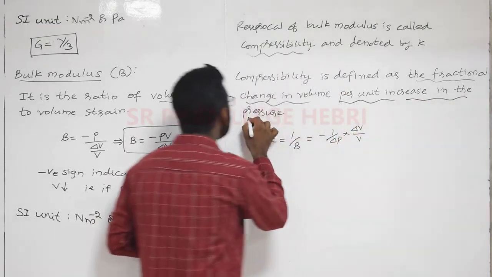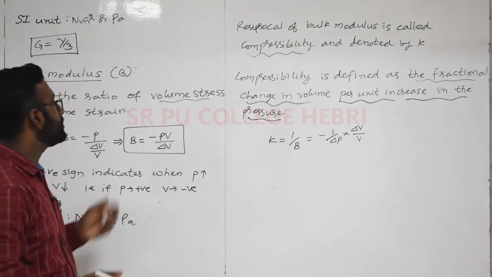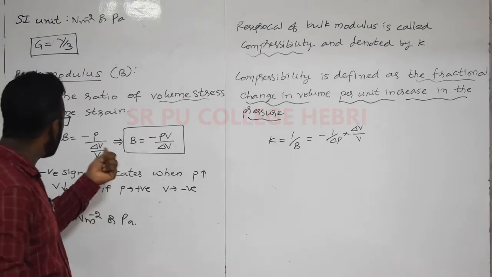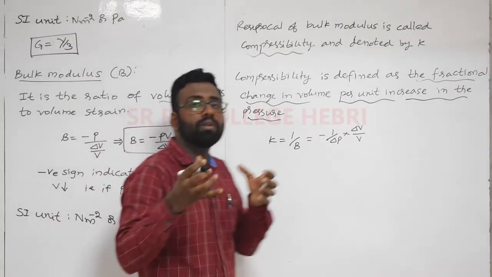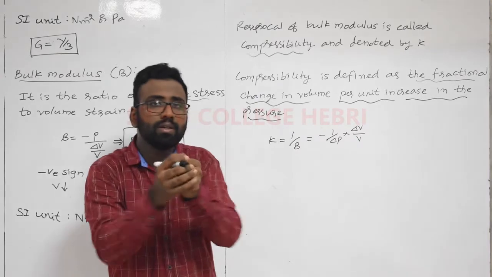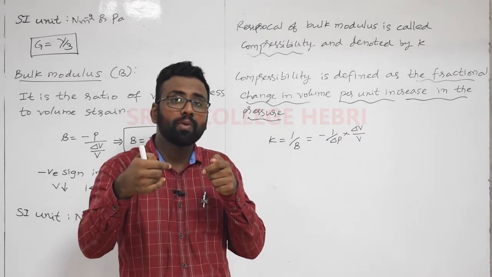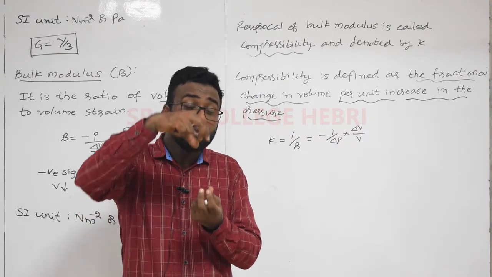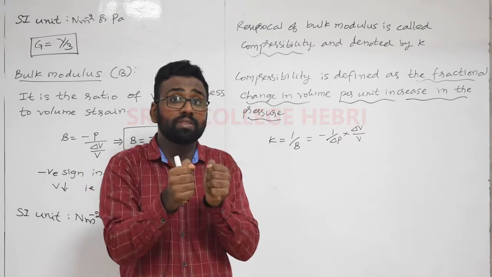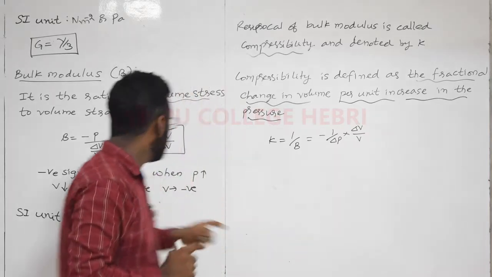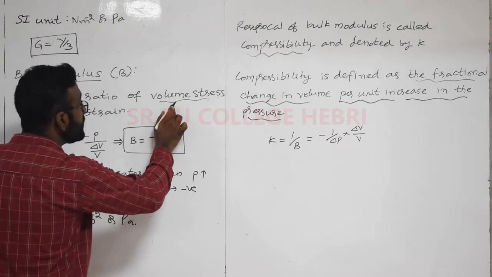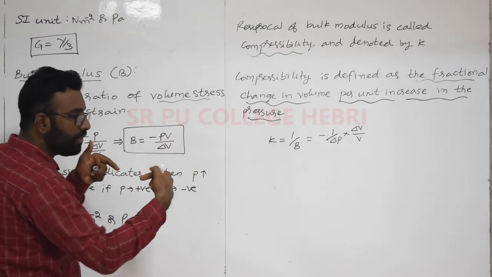So when the pressure increases, what actually happens to the volume? As I told you, when a body is kept under water and you increase the external pressure, the body is going to get compressed. But you should also understand that this volume stress is not produced by the external force.